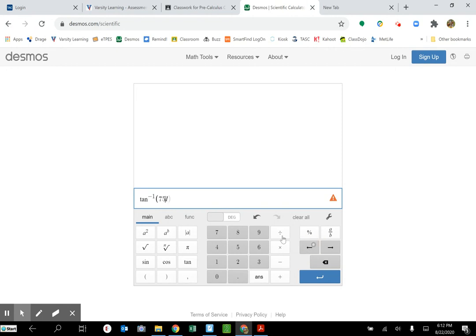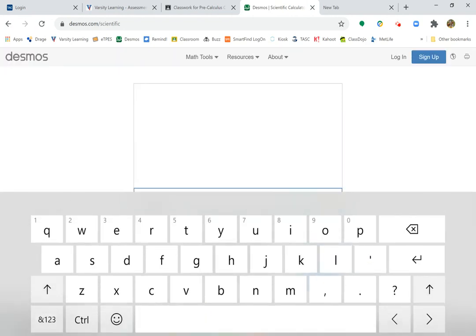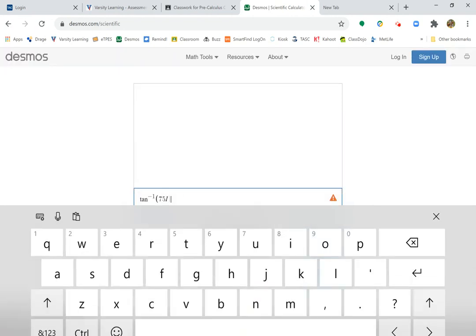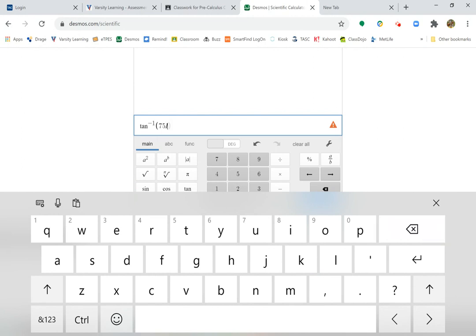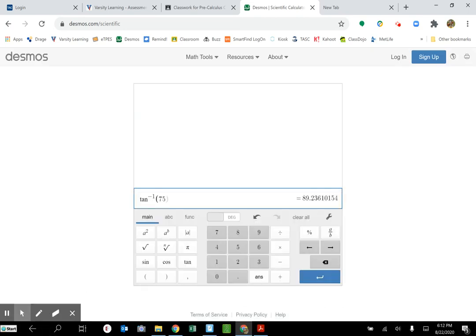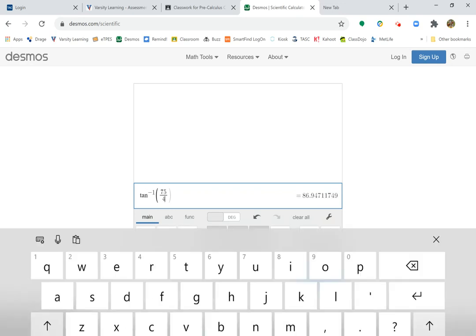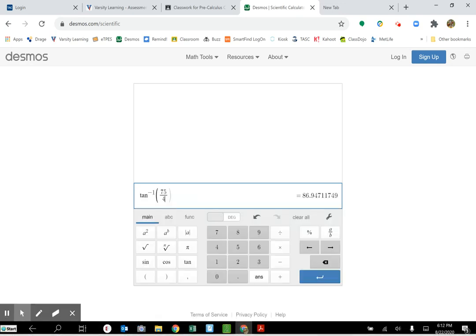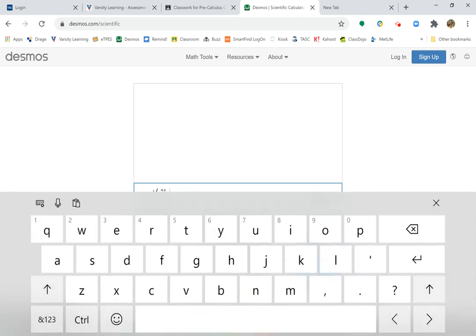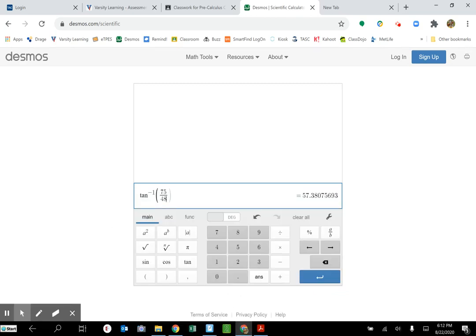This really is a problem without my keyboard attached to this thing. And you get 57.38.